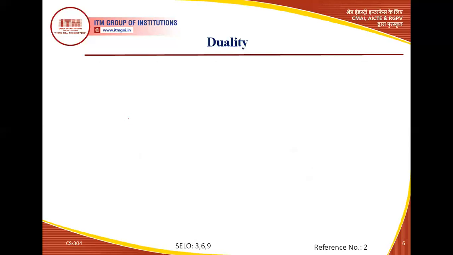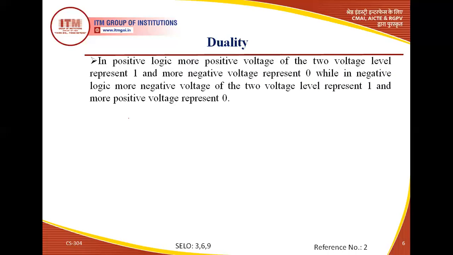Now we discuss the duality property. Before discussing the duality property, we discuss the logic representation. We use two ways to represent the logic. That means for representing 0 and 1, we use two types of logic: one is called positive logic and the second is called negative logic.